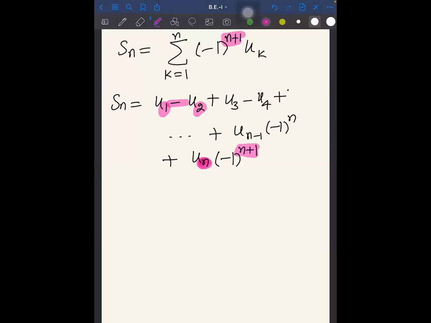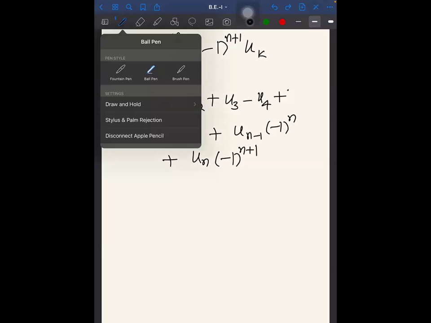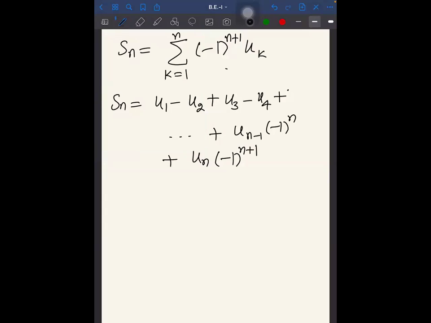That's why I've written n+1. Is it okay? Sir, S_n would be the summation of (-1) to the power k+1 times u_k. I need to change the notation a bit over here. Is it fine now? Yes, sir. Okay, so let's move.